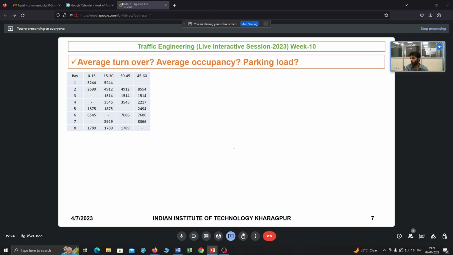It's a parking occupancy survey that has been done during 1 hour, at 15 minute intervals. It's a kind of beat survey. These are the vehicle registration numbers. This is bay 1, bay 2, bay 3, bay 4, bay 5, bay 6, bay 7, bay 8. So there are 8 bays.